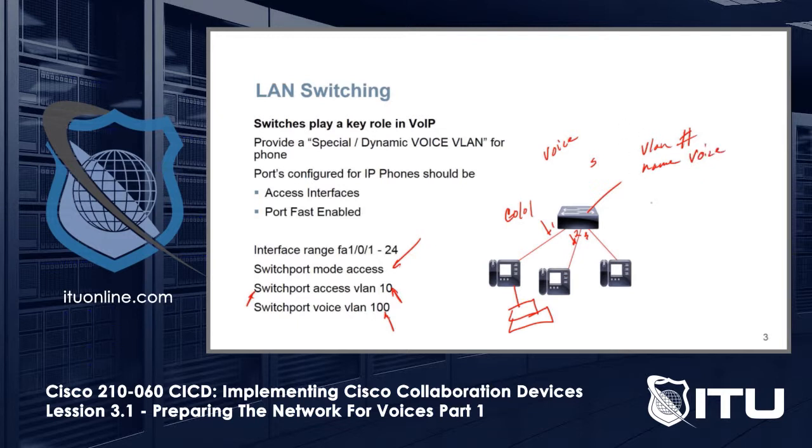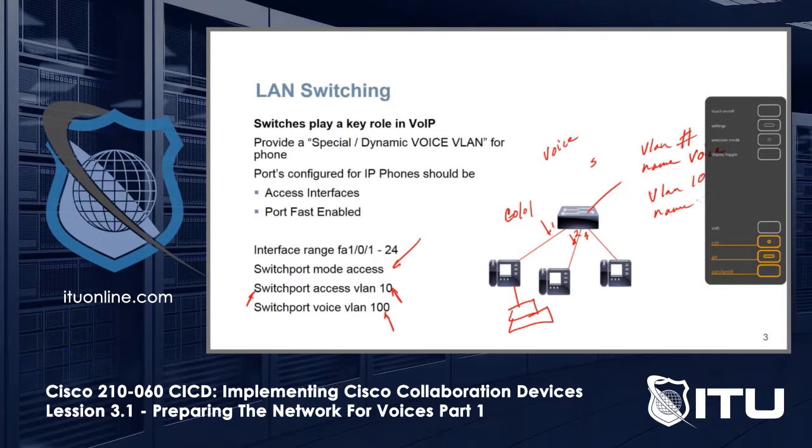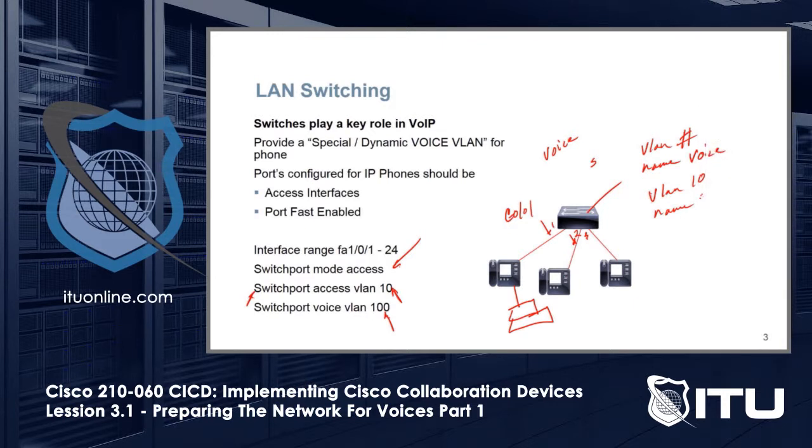Okay, so for example, I might do VLAN 10 and then name S1-data, for like site 1 data or something like that. You can name it whatever you want, but this is the correct way to create the VLANs, and then we assign the VLANs to the correct interfaces, and we use that voice VLAN command to say, hey, if you see a phone here, then give it VLAN 100 instead.